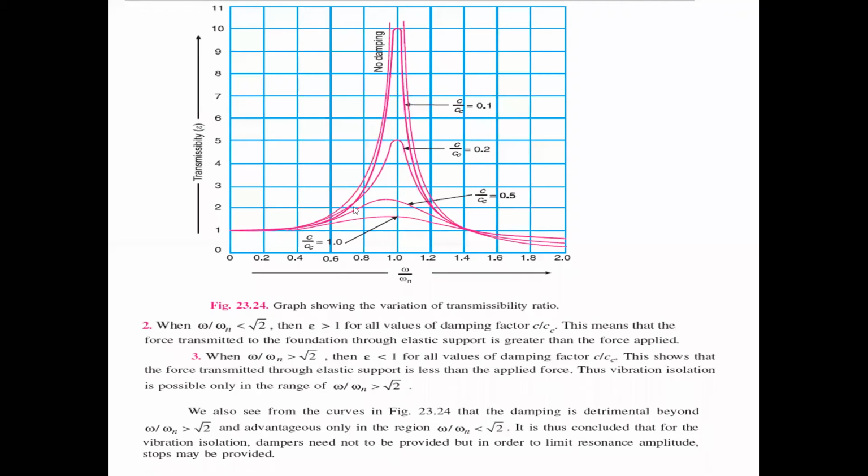When the damping factor has been taken as 1, it is reducing the amplitude values, as shown in our particular graph.